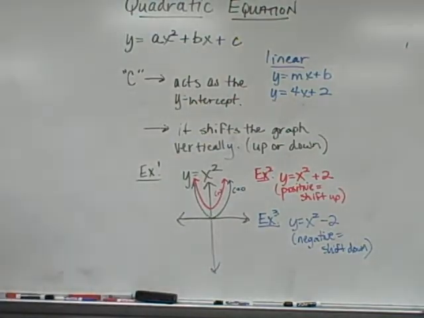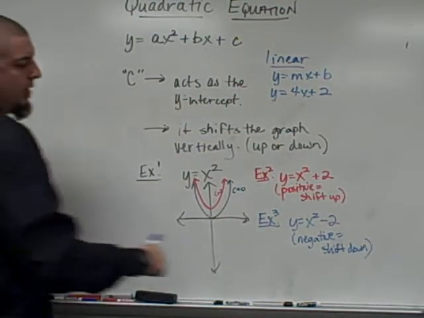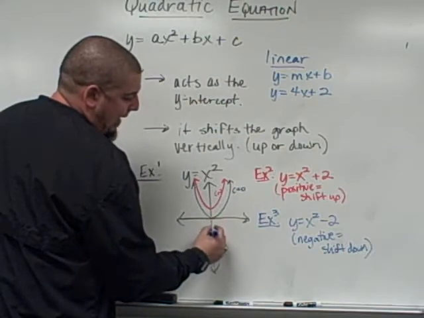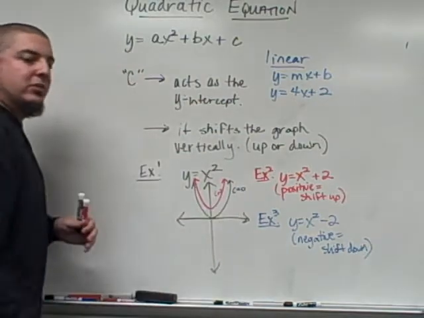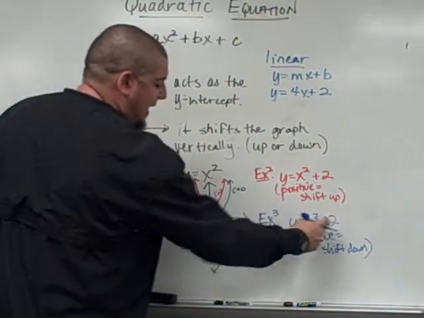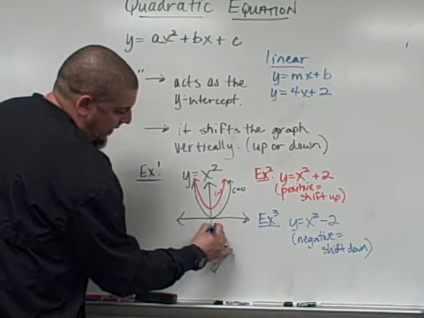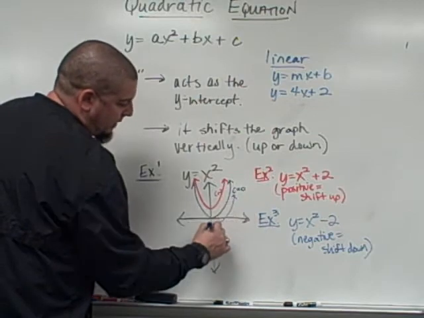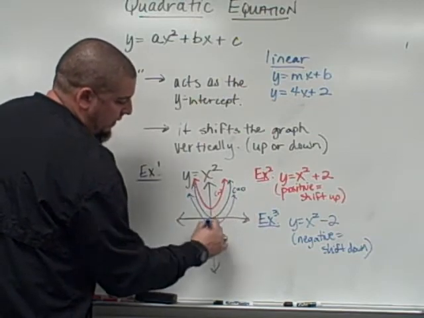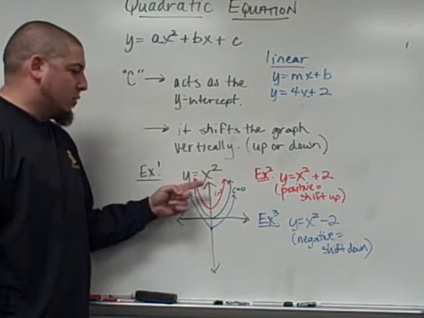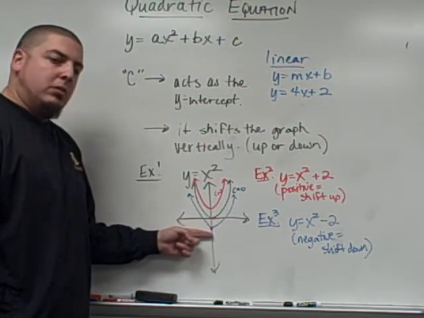So we're going to shift down 2 units. Again, that's from the origin. So negative 2 on my y-axis, and I'm not shifting it down per se as much as I'm going to negative 2 on my y-axis. So 1, 2, somewhere in here, the graph is still going to go up. But if you compare it to the parent function, y equals x squared, it did shift down 2 units.